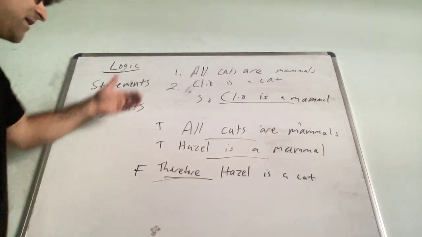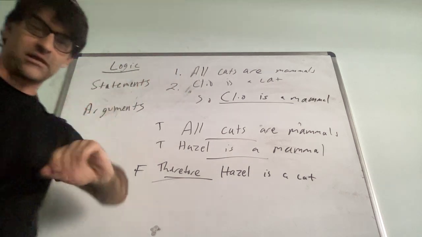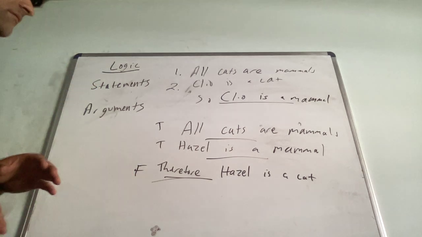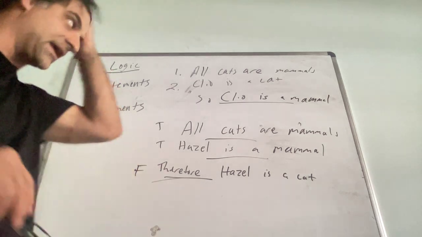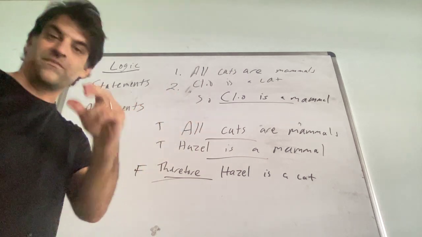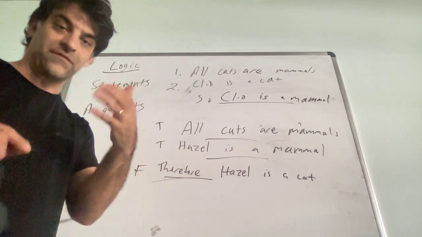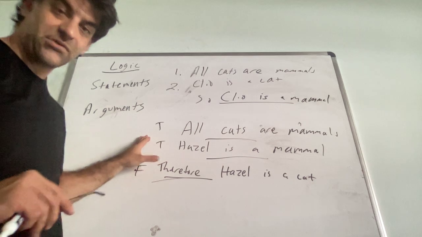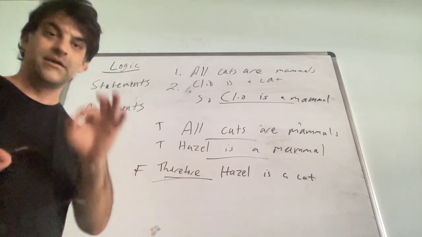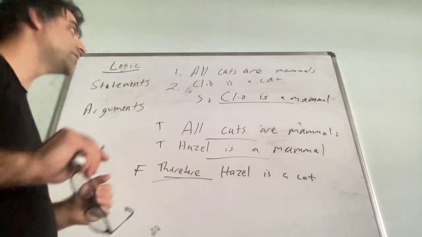This argument is valid in that the conclusion flows from the premises, and I'll talk more about what I mean by that. But I gave you these statements, and you were able to draw the forced conclusion. An argument that's put together that way, with a forced conclusion, is valid. This one, where just because the premises are true doesn't mean the conclusion is true, is invalid. We'll look at that more precisely. I'm just trying to introduce us to it.